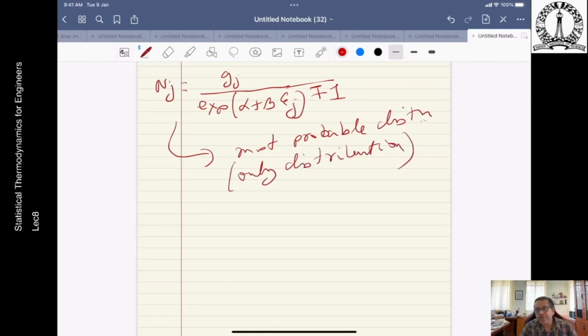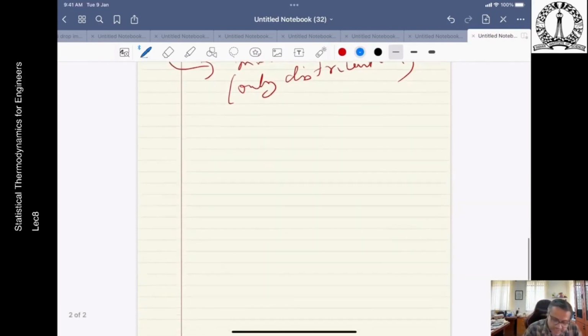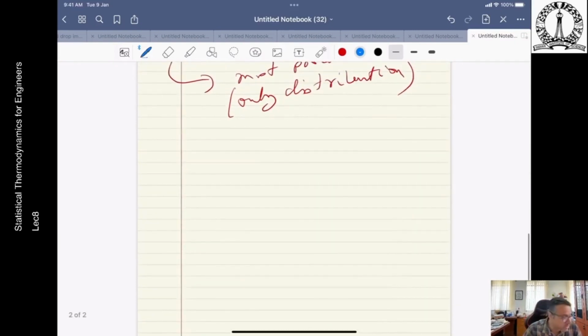But there are a few points that we mentioned over there. One was this alpha and beta. These two Lagrange multipliers were actually unknown, right? They are not known at all. So we decided how to get around it.